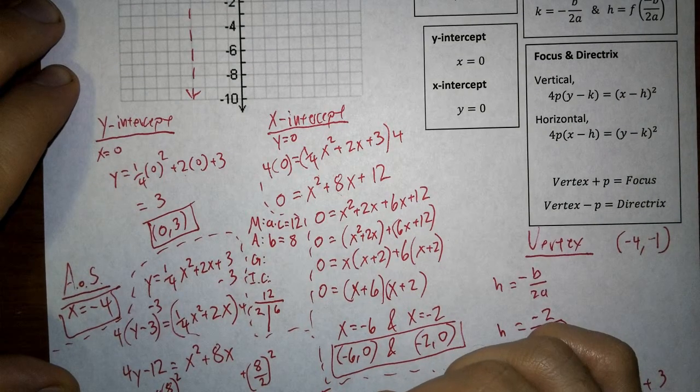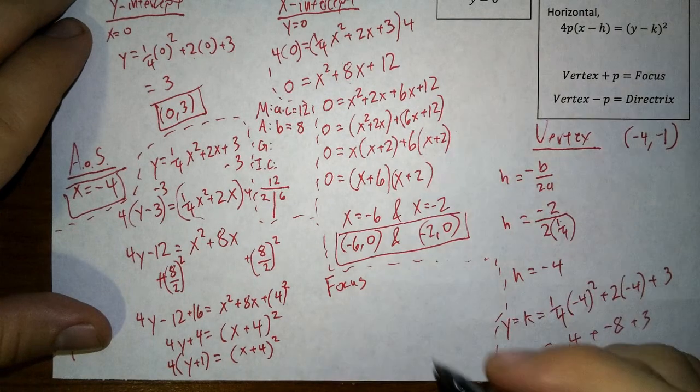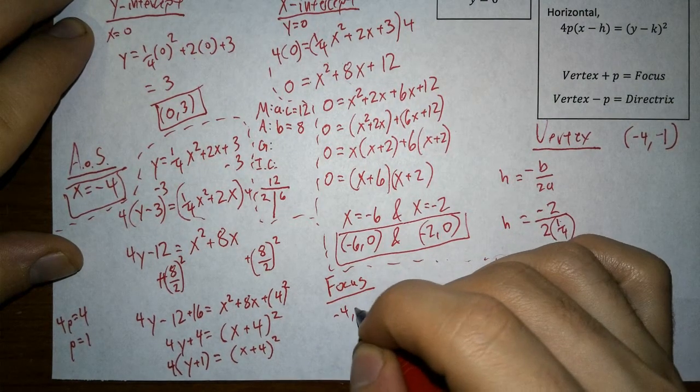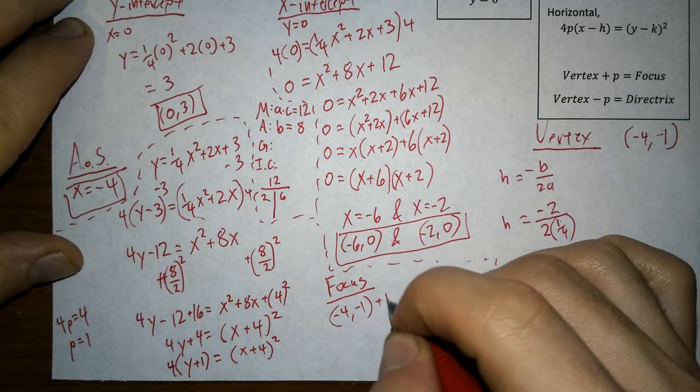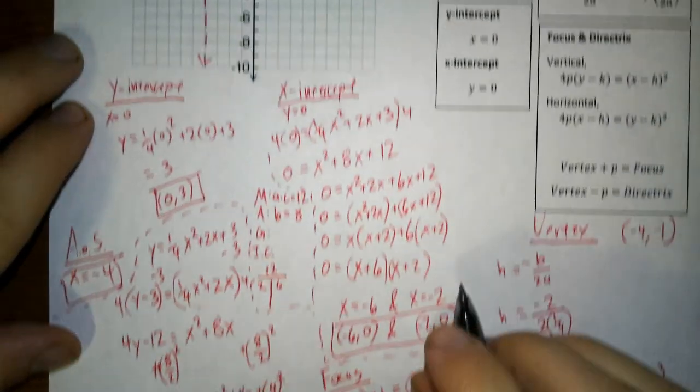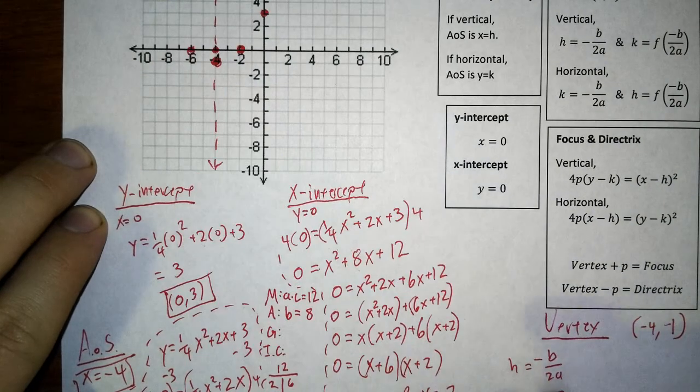So our focus is going to be -4, -1 plus 1, which equals -4, 0. And we see that's the point that we graphed, -4, 0.